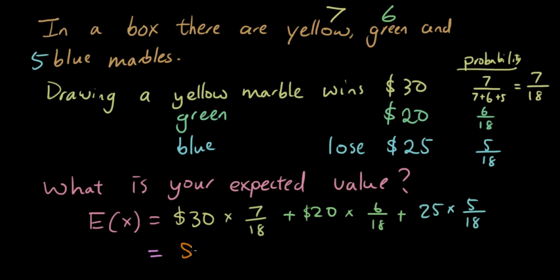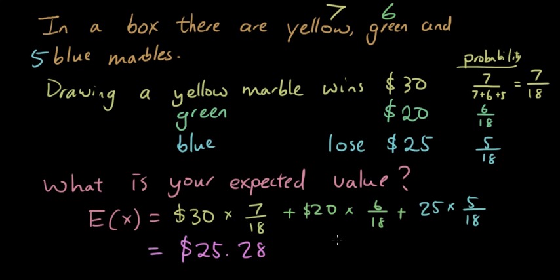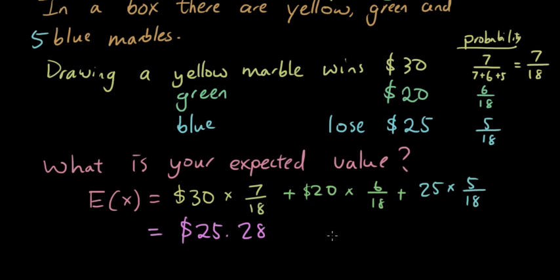The answer is $25.28. Feel free to let me know if you got a different answer. So that means that on average, every time you draw out a marble, you're going to win $25. Isn't that a great game? Who wouldn't want to play it?